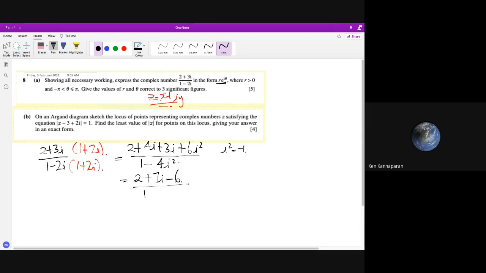I think you guys know that. So -1 times -4 is +4. When you simplify that, you get -4 plus 7i over 5, which I can break further into -4 over 5 plus 7 over 5i. So z equals -4 over 5 plus 7 over 5i.